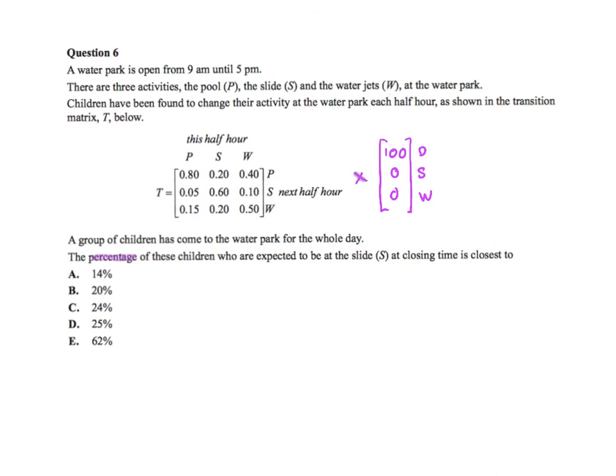So what you could do is raise this to a power, because it said from 9 a.m. to 5 p.m., that would be 8 hours the park's open. And they say they swap every half hour, so you've got 16 states or swaps.